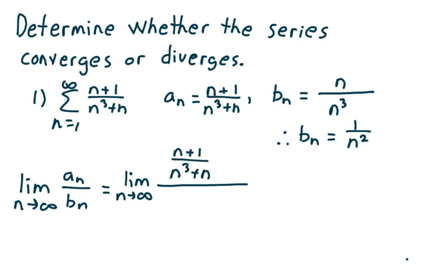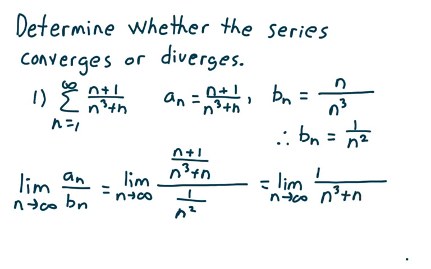The denominator will be 1 over n squared, right? So this is the limit as n goes to infinity of, the denominator is n cubed plus n.